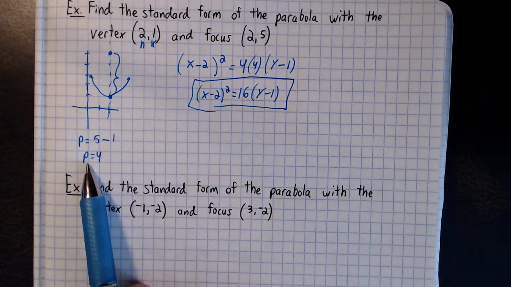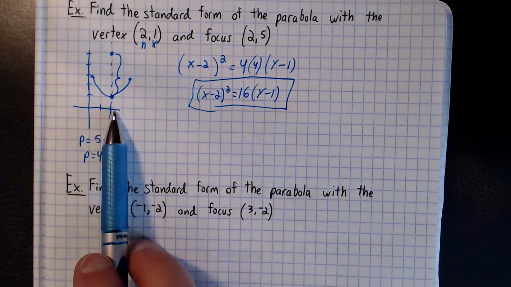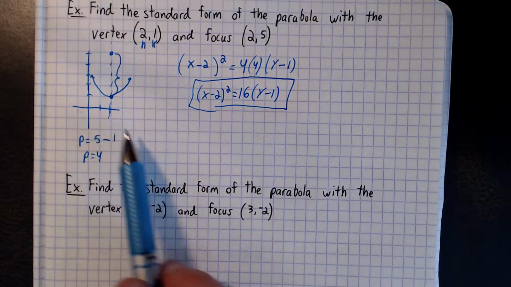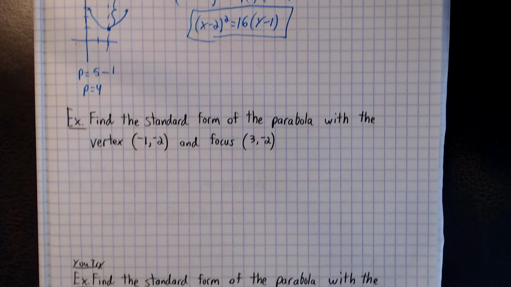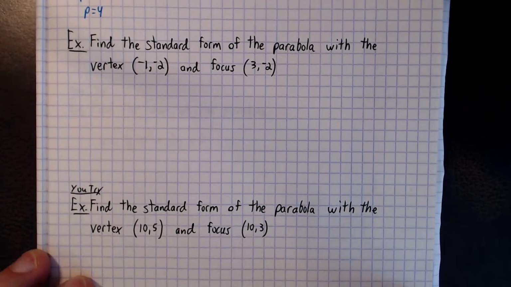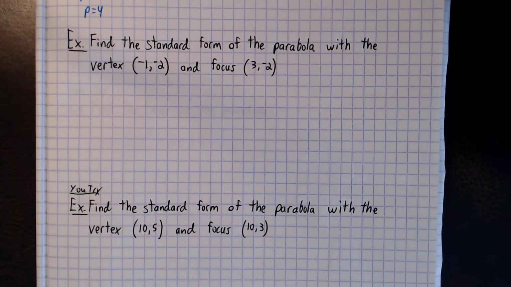Okay, so we found P, we figured out that we need to use the vertical formula, and then we plugged everything in. We're going to do one more before you try one on your own. This one says to find the standard form of the parabola with vertex (-1, -2) and focus (3, -2).